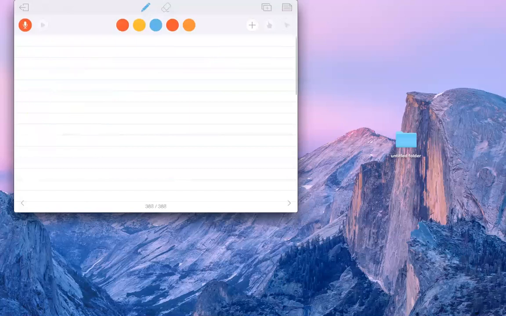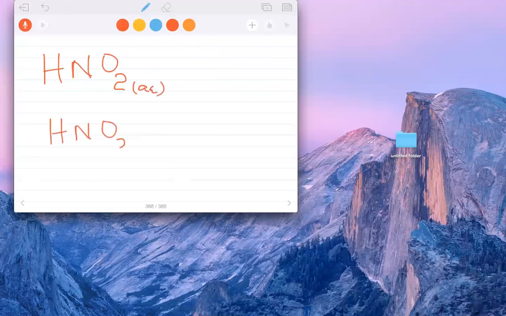Examples are HNO2 aqueous and HNO3 aqueous. By looking at the chemical formula, you can tell that this is a ternary oxy acid.